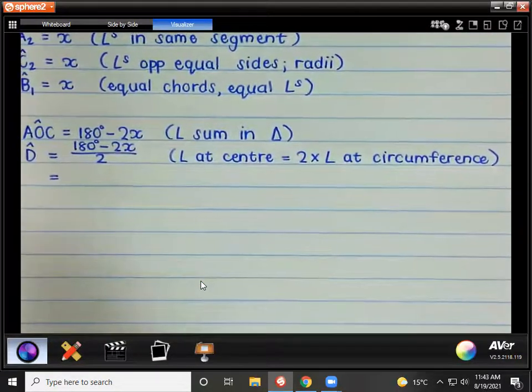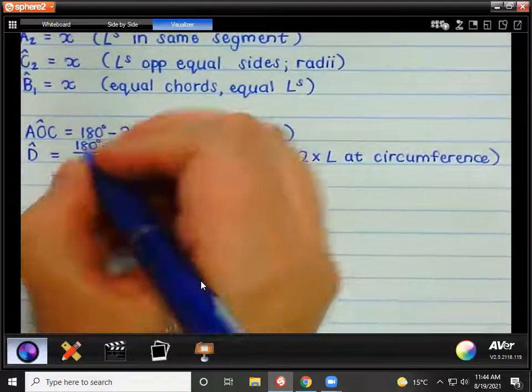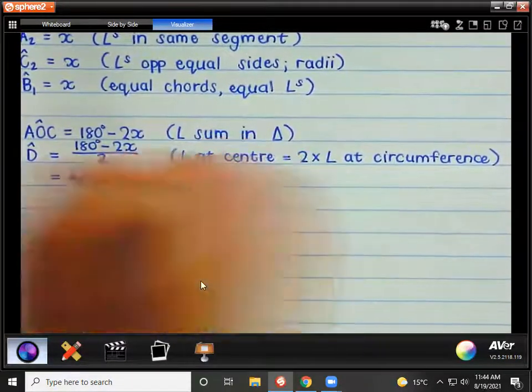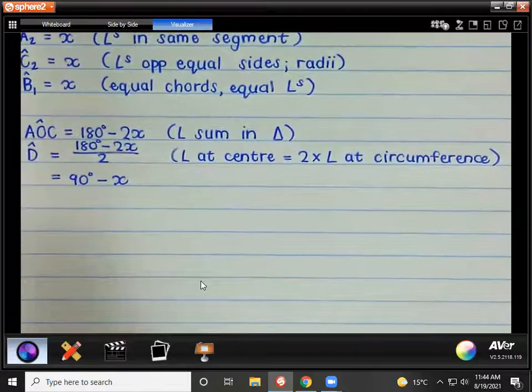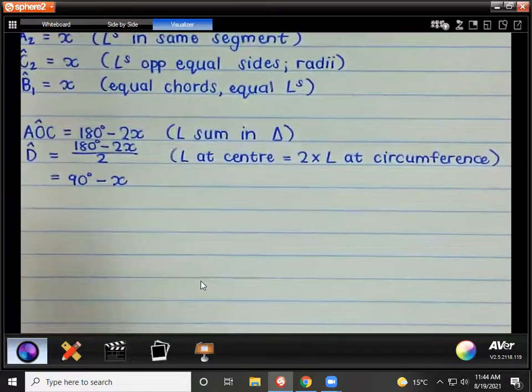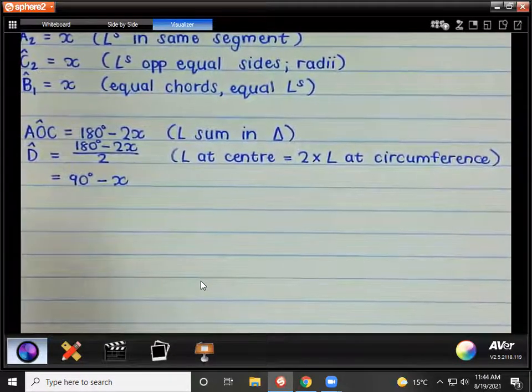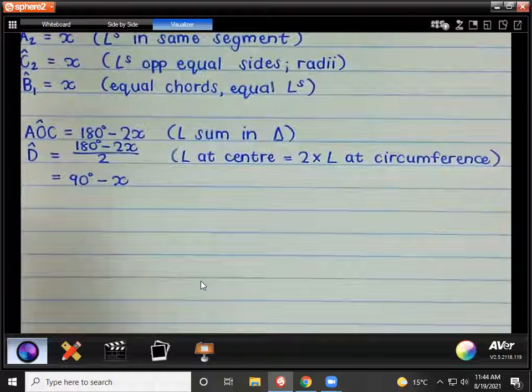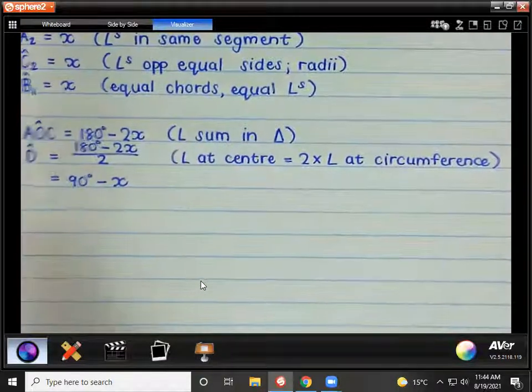We've done this before today, actually. 180 divided by 2 is 90, minus 2x divided by 2 is just x. So D is 90 minus x. Okay, any questions on these two, guys? We've practiced working with just numbers and now we've practiced working with x's.